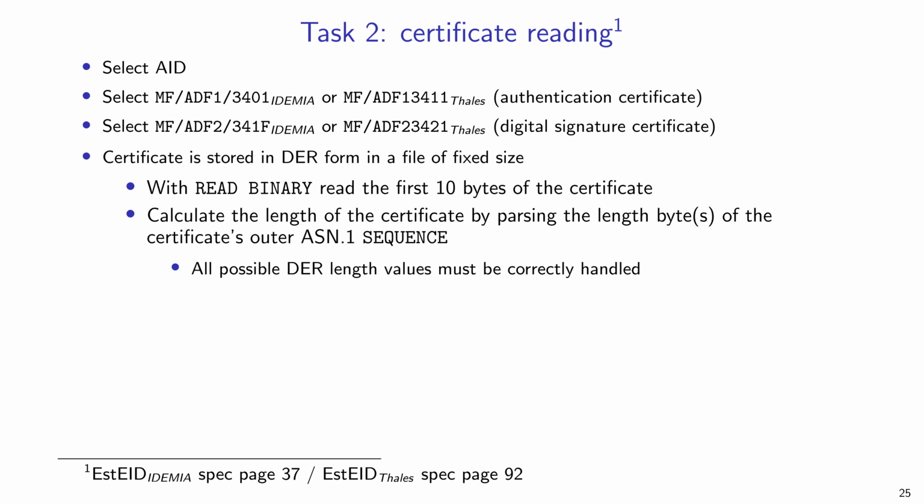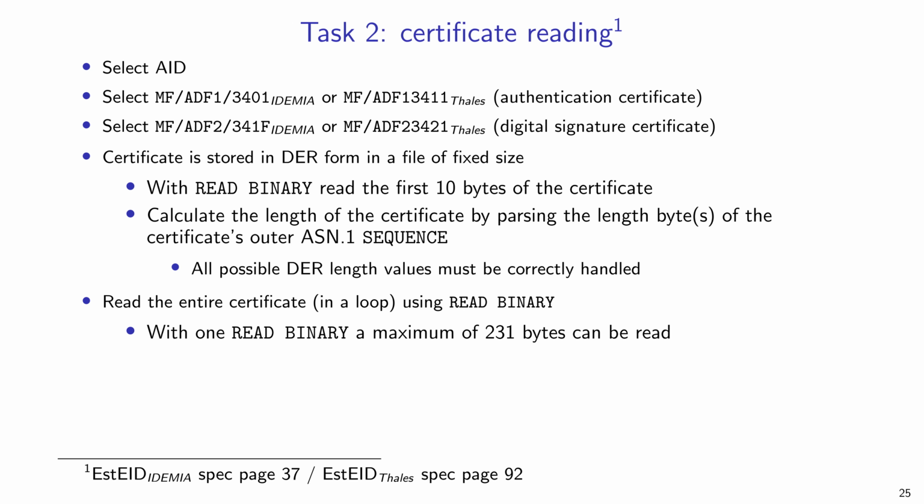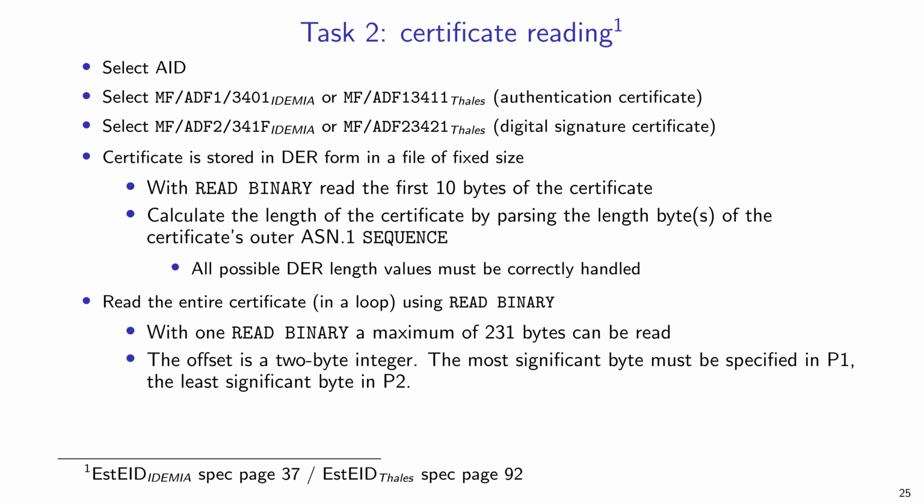Then once you know the certificate length, read the entire certificate in a loop using the read binary command. The issue is that with one read binary command, a maximum of 231 bytes can be read from the card. Therefore, you have to read the certificate in chunks, specifying in each command the offset from which to read. The offset is a 2-byte integer.